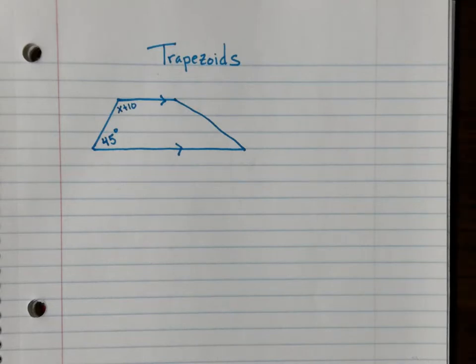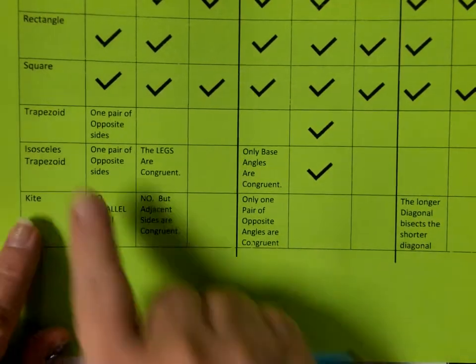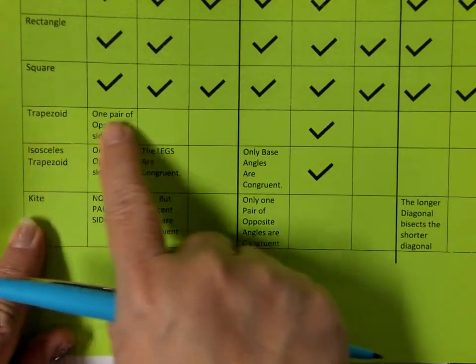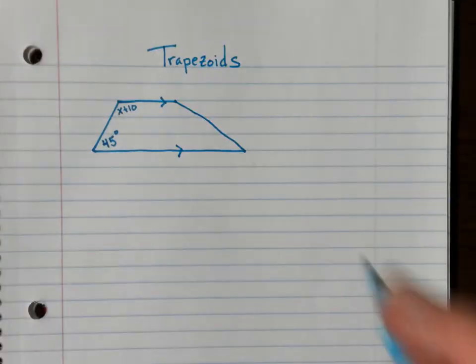Similar to yesterday with our parallelograms, you want to know what shape we are dealing with. So we're dealing with trapezoids. And so that means that when you're on your green chart, you're down here on trapezoids, the row goes across, right?